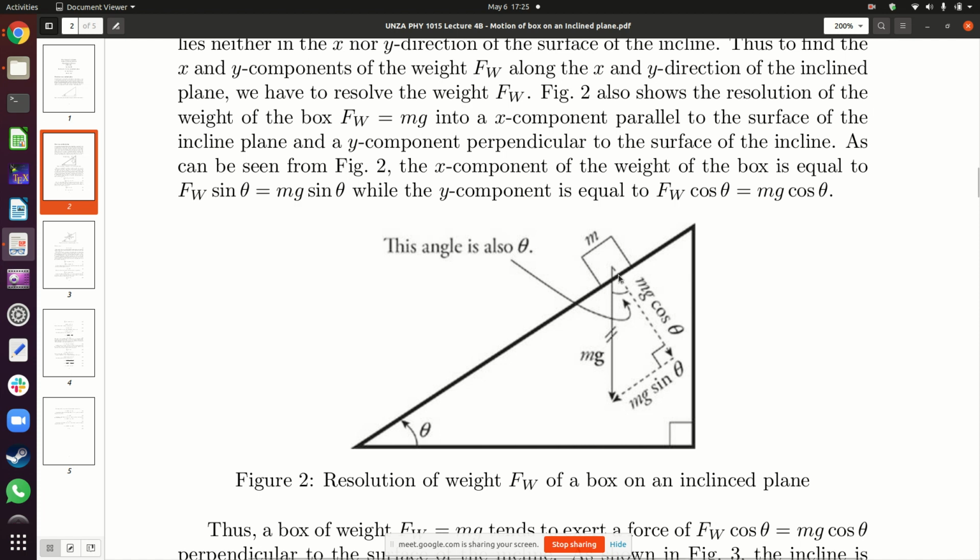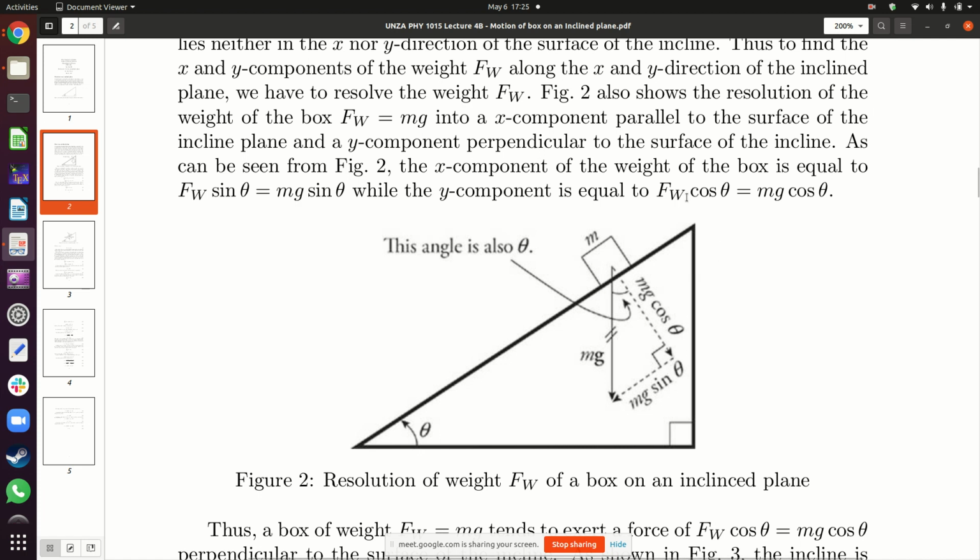So we choose the part of the y-axis above the incline to be our positive y-axis, and we choose the part of the y-axis below the incline to be our negative y-axis.